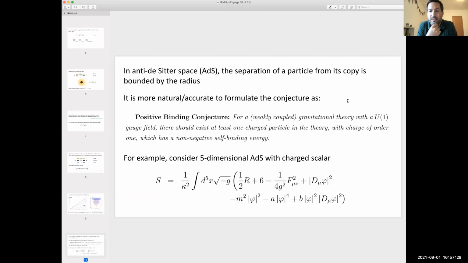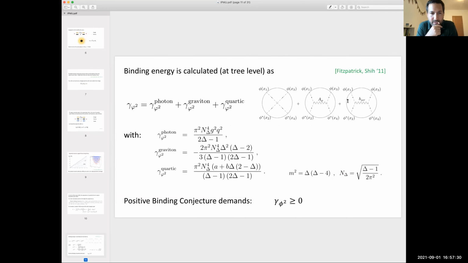So if you can go to the next slide, one can calculate the binding energy of two of these particles, and you find three contributions. There's a contribution from the photon and the graviton exchange, which is like what we described already in the long-range forces, but there's also now a contribution from the contact terms, the quartic interactions, because we cannot take the particles infinite distance away from each other, so the wave functions of the two particles overlap.